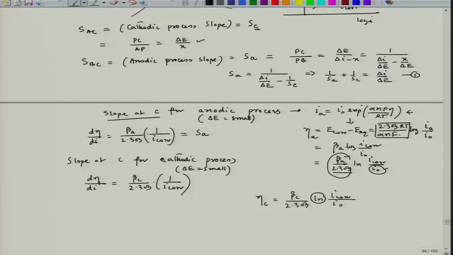And remember, we are taking everything in the log term. And β_C, because of course we have 2.303 added, so that's why 2.303 we are taking in the denominator.